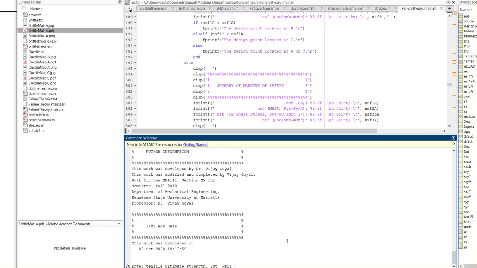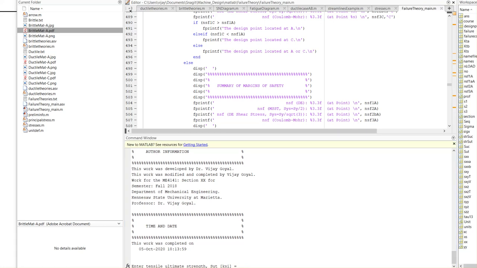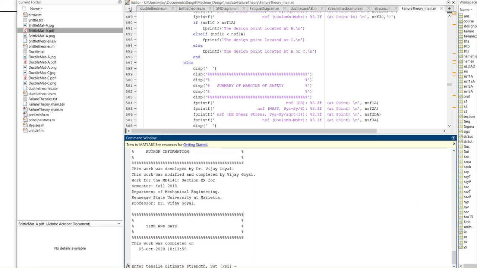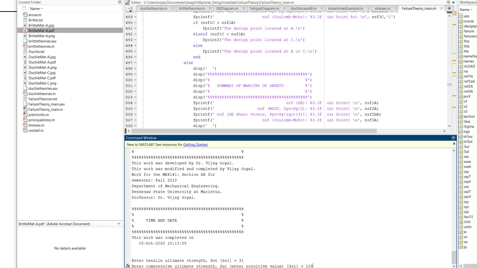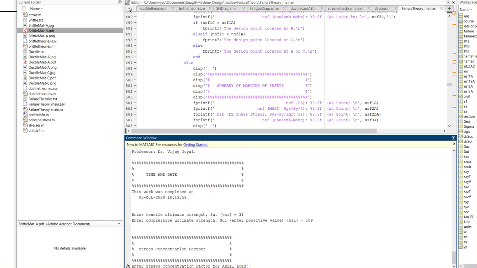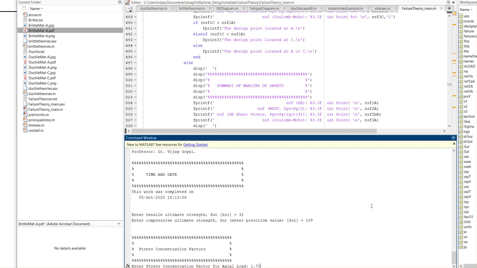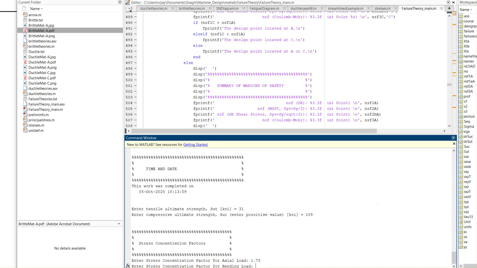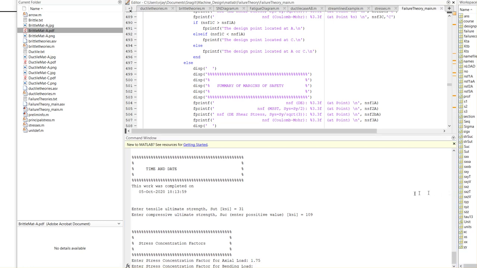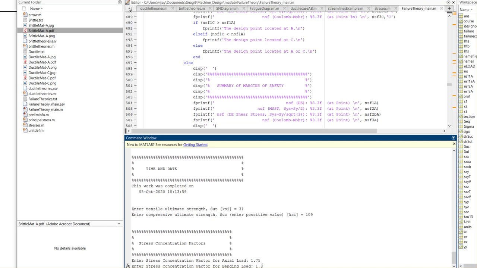And so the values for this problem were 31 and 109. Okay, and the load factors in this problem are, although I don't need it, it is asking, so might as well give the value for axial. And bending is 1.38.